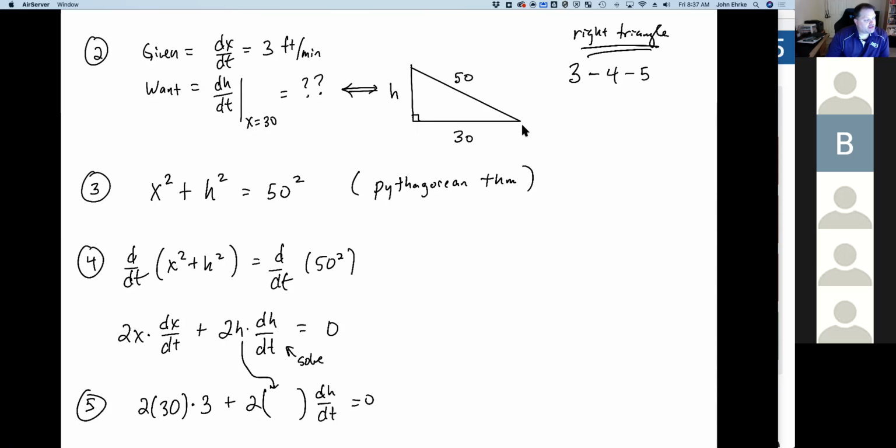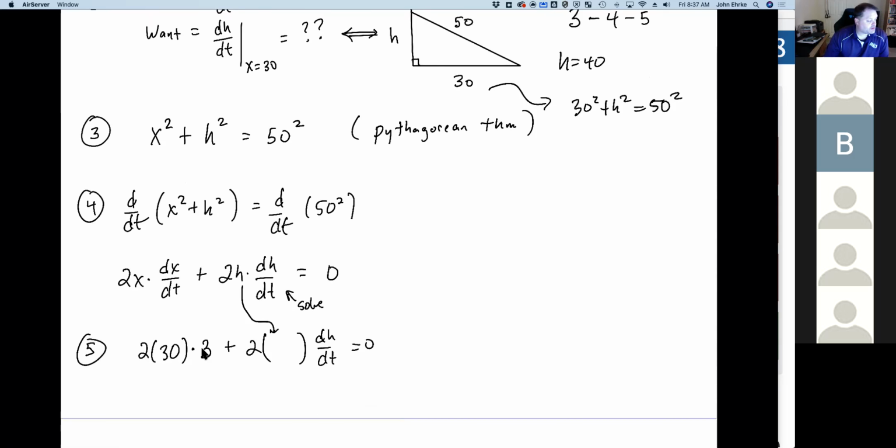So if you know you've got 3 and 5, you know this one has to be 4. In this case, 40. So I can pull from this that h is 40. If I didn't know that and I wanted to find h, then I could simply do 30 squared plus h squared equals 50 squared and solve for h.